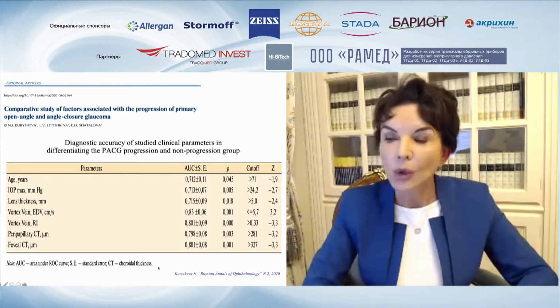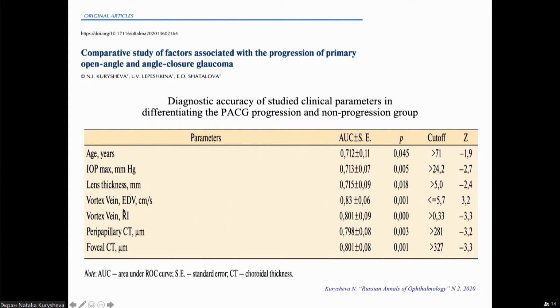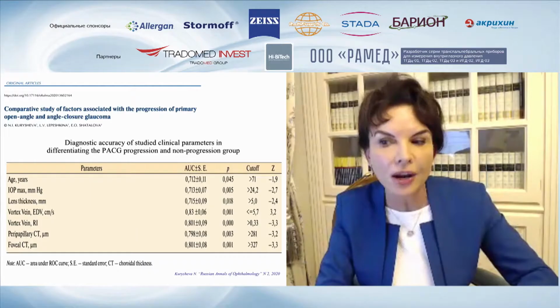Moreover, if you look at these areas under the curves, you can see that the blood flow in vortex veins had the very high diagnostic accuracy in regard to the progression of primary angle closure glaucoma. And we know that the vortex veins are the main drainage for the choroid.